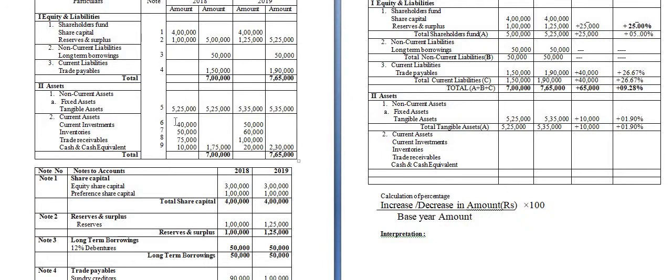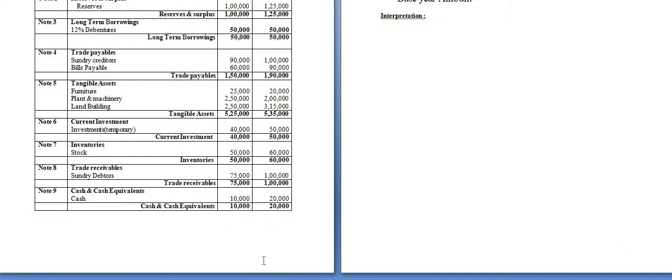Before the amounts, just check the details. Current investment is temporary investment, 40,000 for 2018 and 50,000 for 2019.